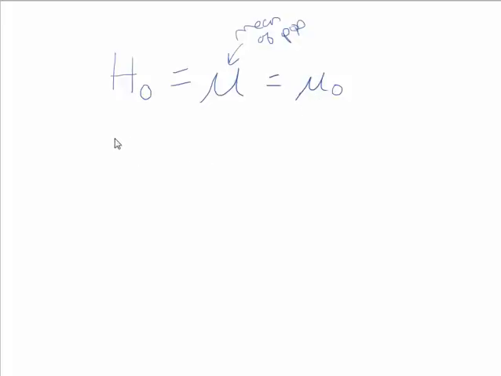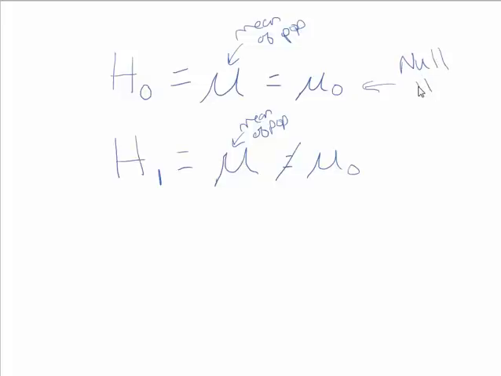And the alternative hypothesis, which we call H1, essentially says similarly, mu, again, that's the mean of our population, is not equal to mu naught. So we actually call this one the null hypothesis. And again, this one is the alternative hypothesis.